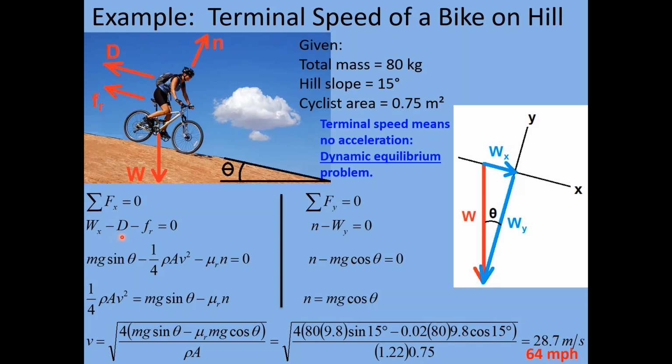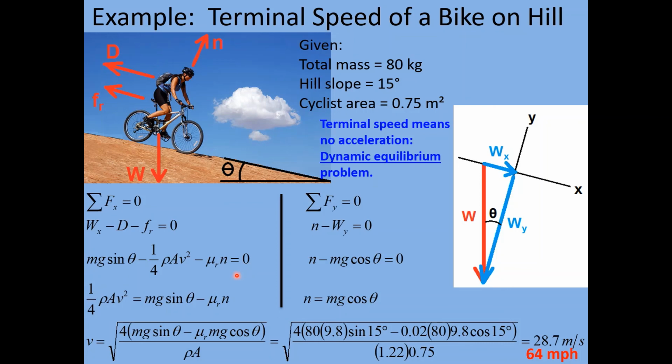So I'm going to subtract D and subtract F sub R, and all of that has to equal 0. The X component of weight is mg sine theta, similar to the previous problems, using the trig of this right triangle. Drag is 1/4 rho A v squared. Rolling resistance is mu R times the normal force, and that is all equal to 0.